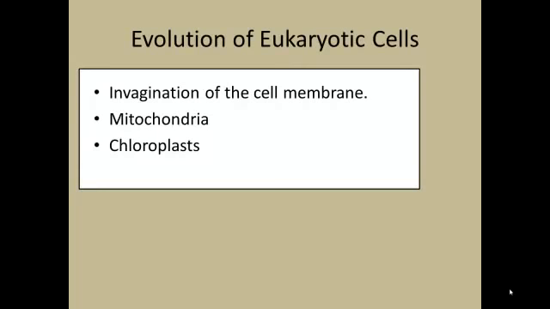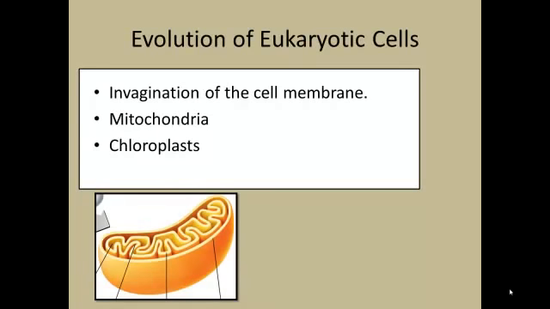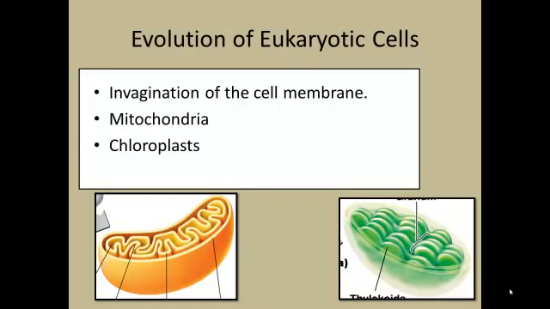Now, mitochondria, if you'll remember, are small organelles within the cell, and they have 70S ribosomes. What's the size of a eukaryotic ribosome? It's 80S. Chloroplasts also have 70S ribosomes. They also have their own DNA, and it's circular.